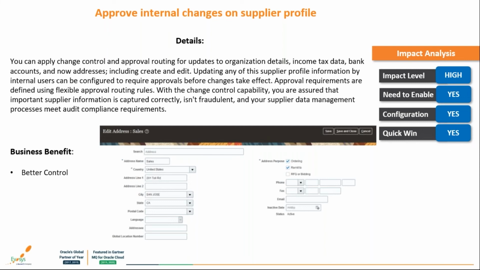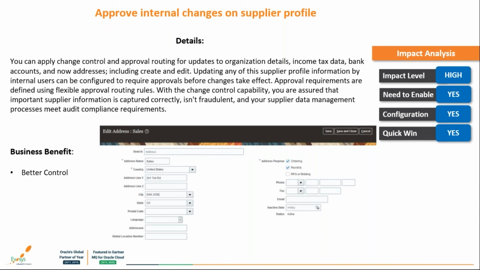When editing an address, any changes to location, address purpose, phone, fax, email, inactive date, and descriptive flex fields will require approvals. So the updated address is added to the profile change request and routed for approvals.